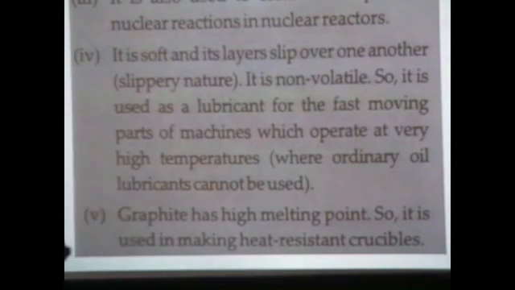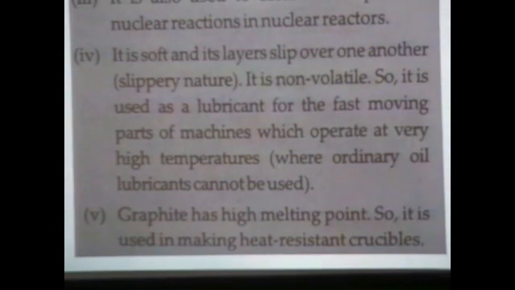Then, it is also used to control the speed of nuclear reactions in nuclear reactors. In nuclear reactors, graphite is used for controlling the reaction.